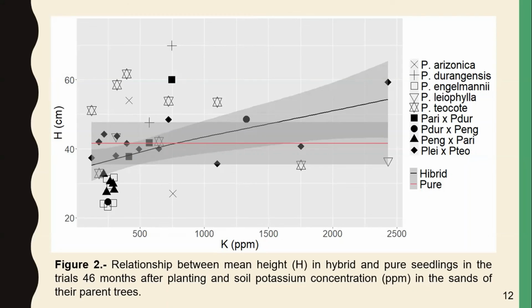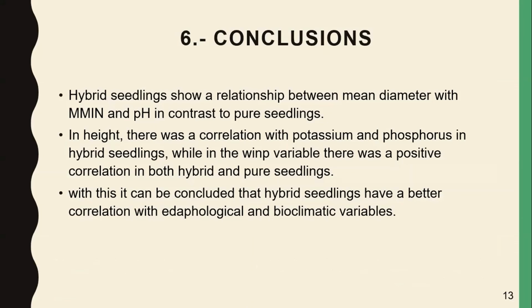The next figure shows the relationship between mean height of hybrid and pure individuals at 46 months after planting and soil potassium concentration in the stands of their parent trees. With the alternate results, it can be noted that hybrid individuals show a relation between mean diameter and mean temperature and pH, in contrast to pure individuals.